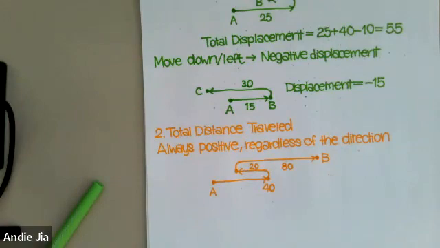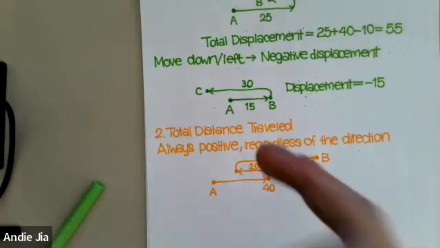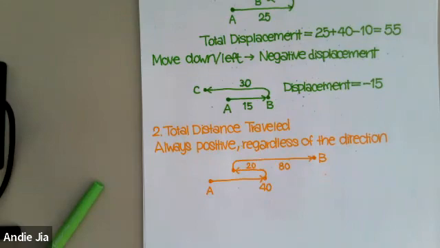So this is distance traveled, so every move counts positive, not negative. So 40 plus 20, so 20 is also distance you moved. So the total distance traveled is 140.